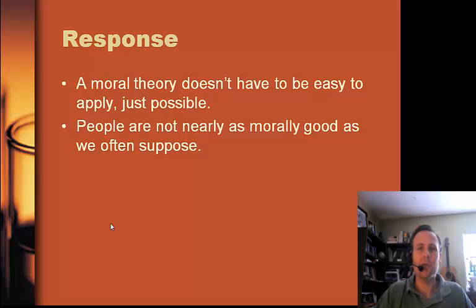But a moral code that requires that you, say, learn calculus, right? Difficult, but possible, right? We can all do that. It's something we can do. It just may take a ton of work.